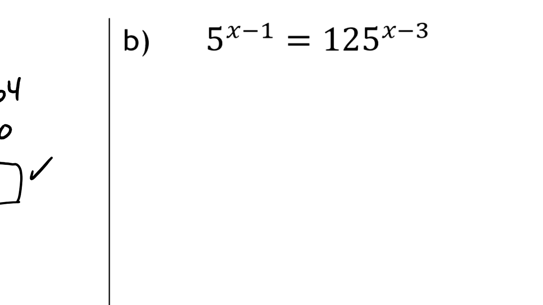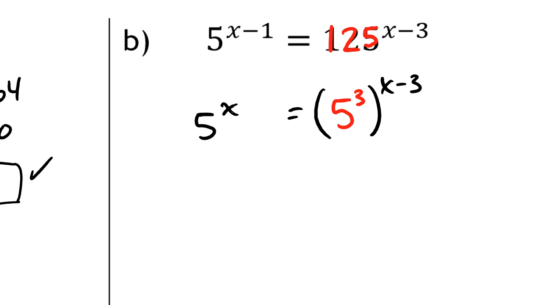Fortunately, 125 is 5 to the third power. So I can rewrite this 125 as 5 raised to the third power. Those two things are equivalent to each other. Now I'm taking that 125, also known as 5 to the third, and raising that to the x minus 3 power. And over on the other side, I've got 5 to the x minus 1 power.